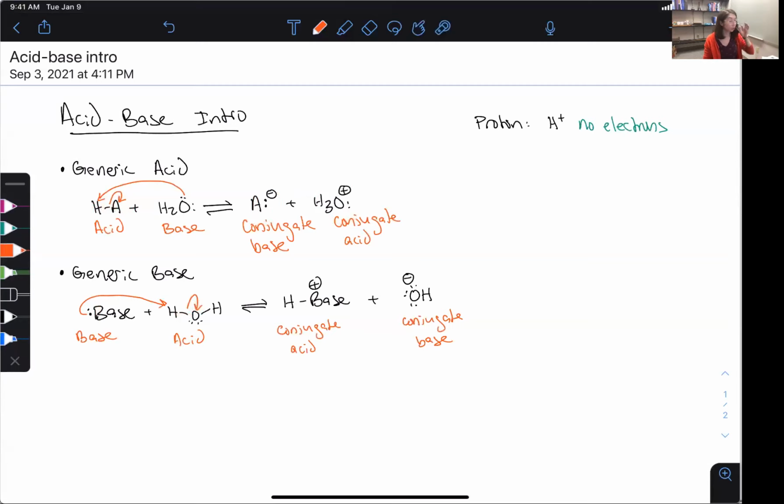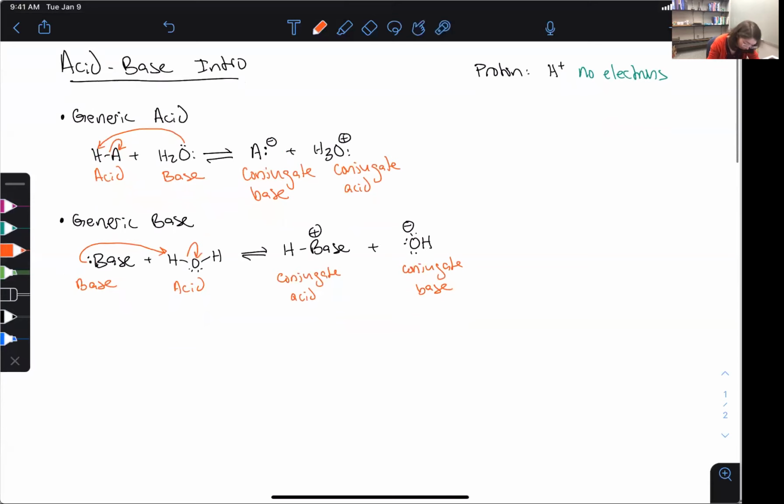Okay, so once we have those, let's think about what it'll look like for organic chemistry. So let's look at some organic acids and organic bases. Okay, so if I have an organic acid, a really good example of that is acetic acid. So this is acetic acid. This is actually the component in vinegar that makes it vinegar.